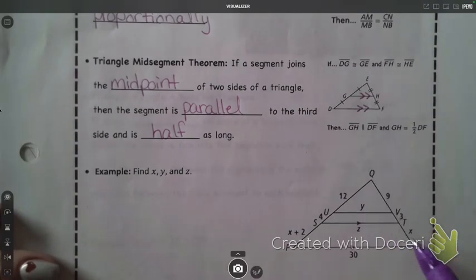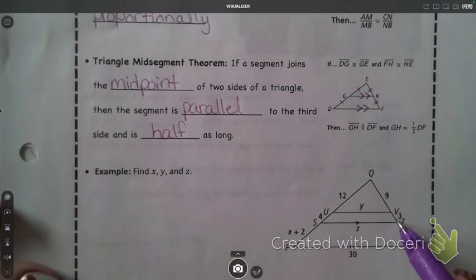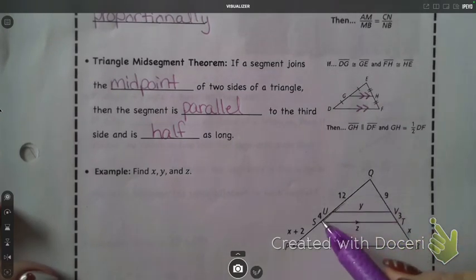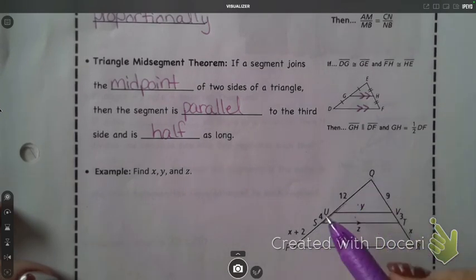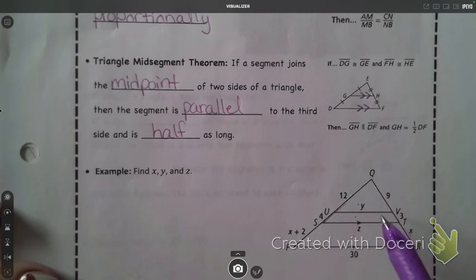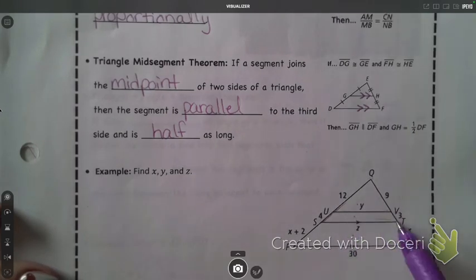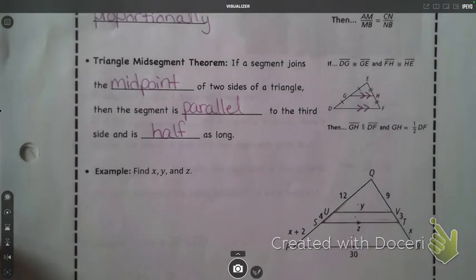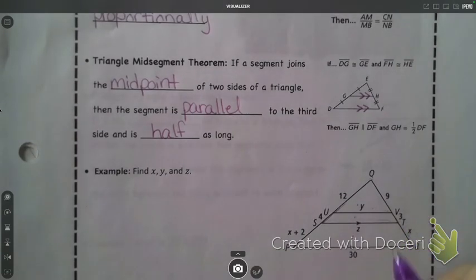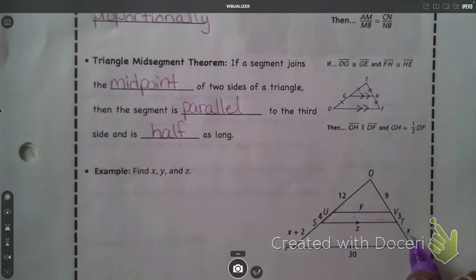Okay, so if I look at the X, X is down here, and I have this whole top part. So do you see there's 3 triangles?